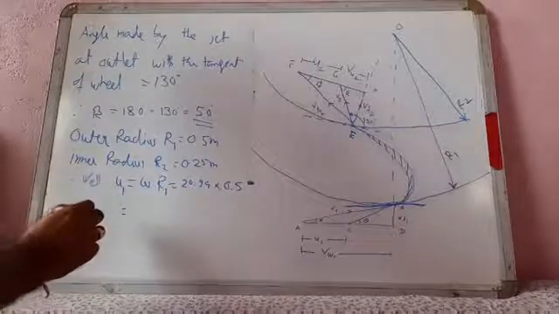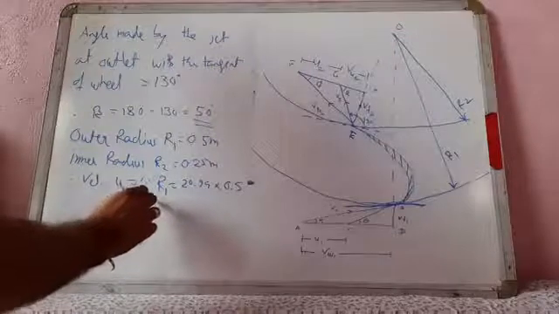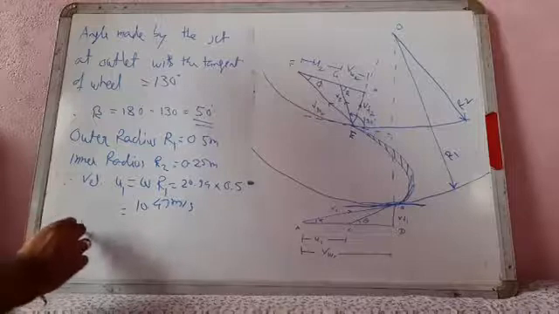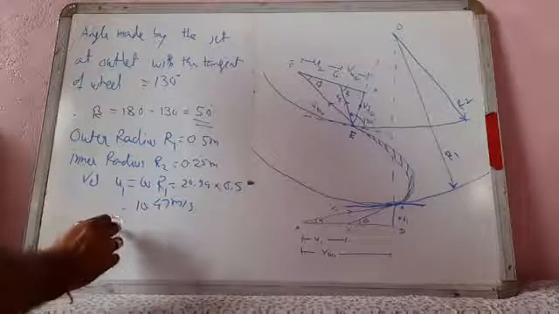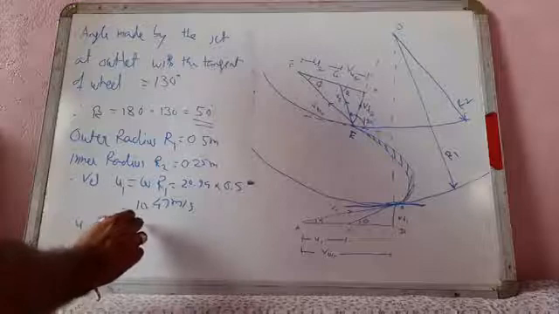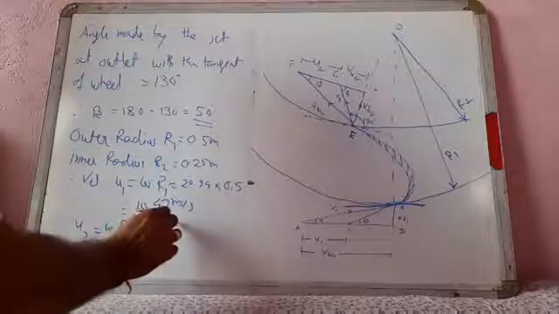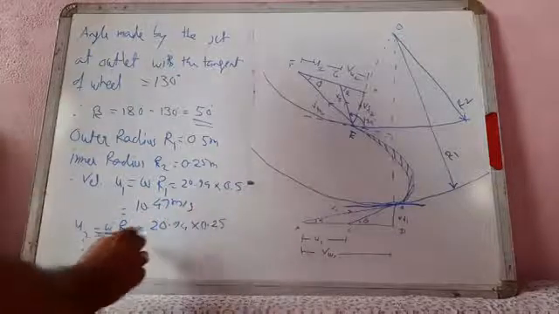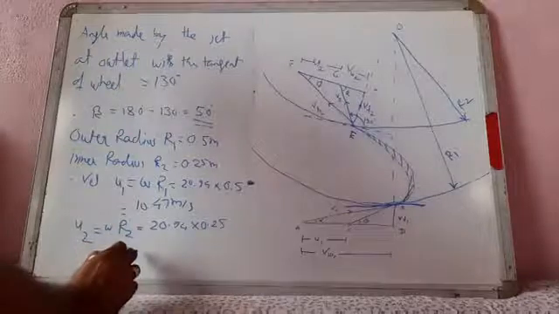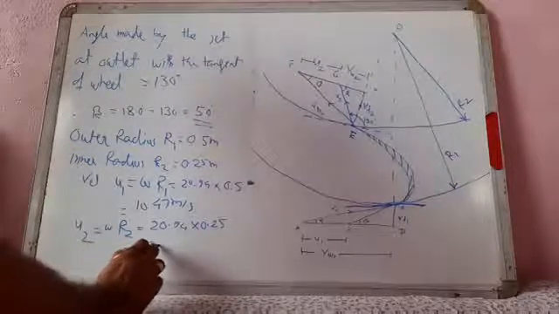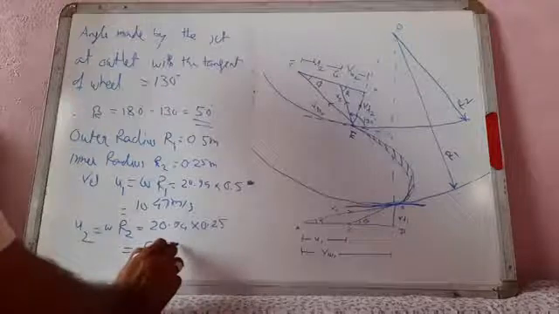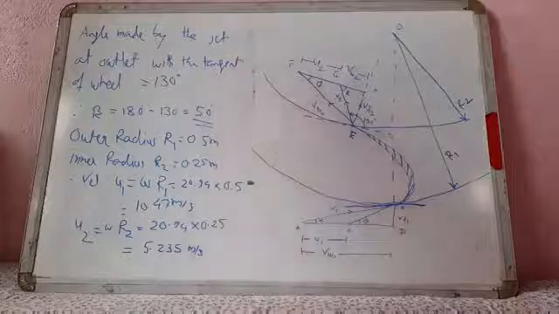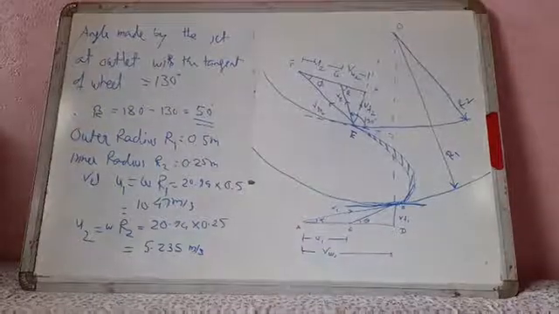So the value of U1 is 10.47 meters per second, and U2 equals omega R2, that is 20.94 into 0.25. The value comes to 5.235 meters per second.